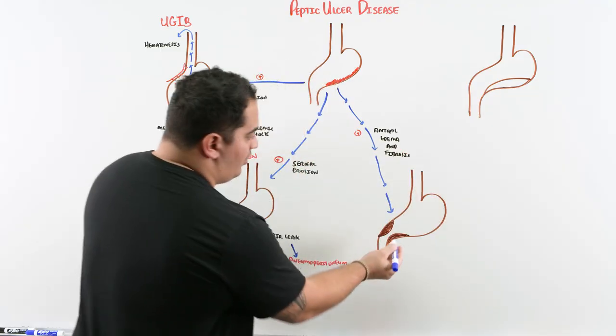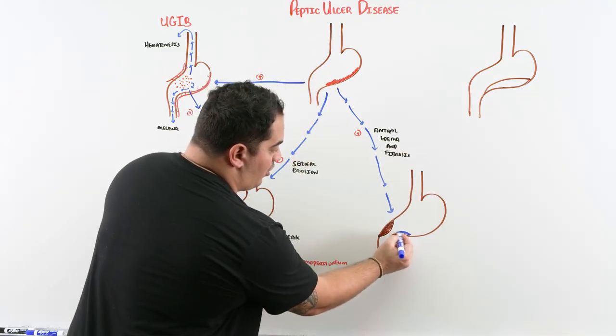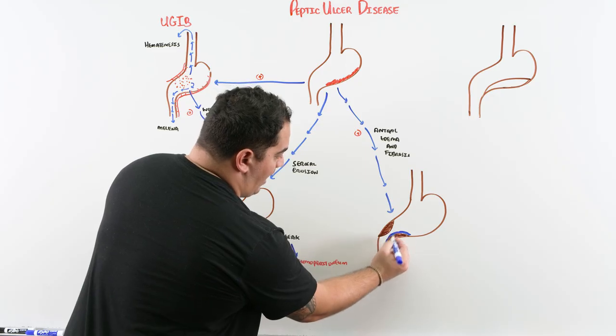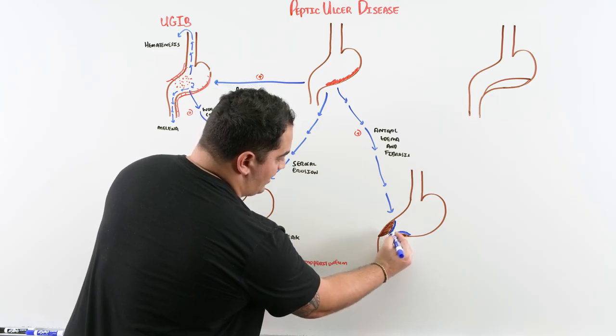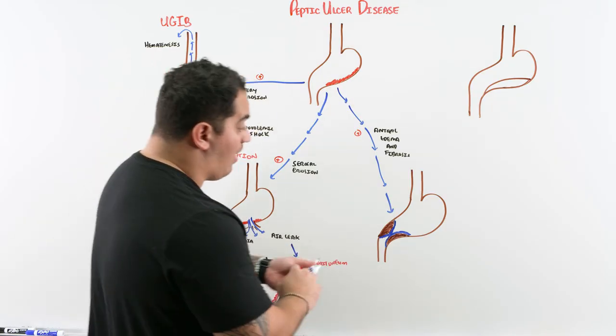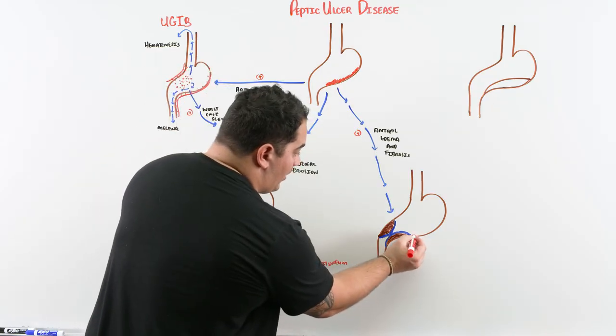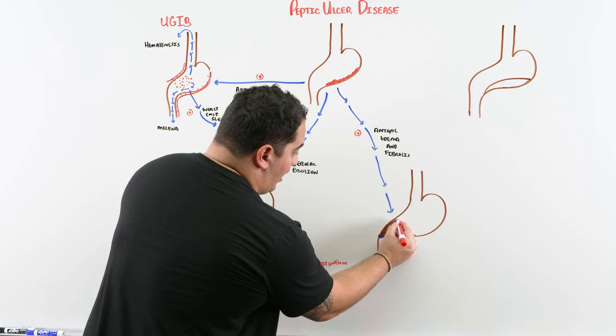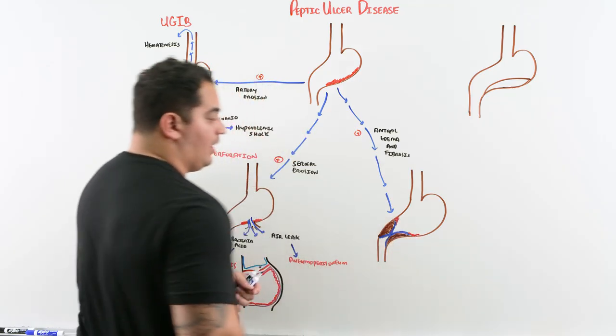Usually near the antrum, as we go closer towards the pylorus, you're going to have all of this fibrotic tissue being laid down, and all this edematous tissue. And that's because usually nearby you have the related ulcer and inflammation.